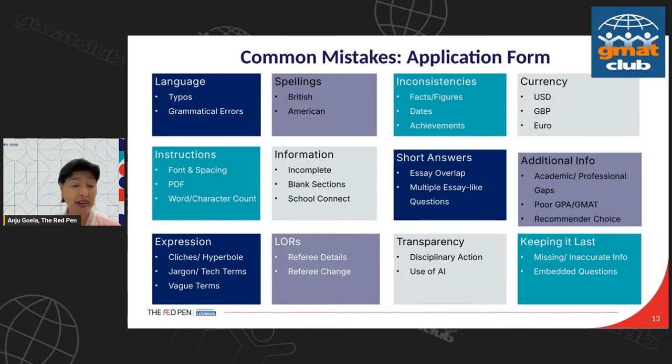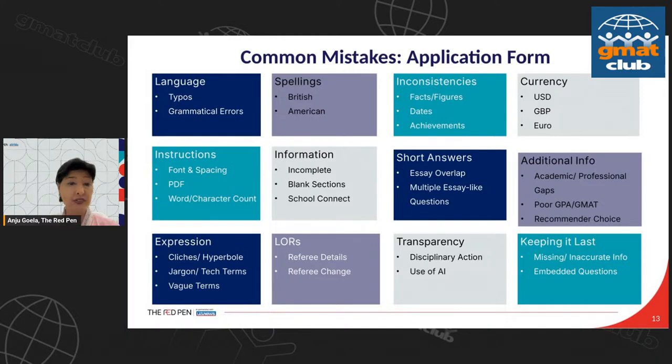In terms of expression, when you're writing your essays, your short answers, please avoid cliches, avoid hyperbole, avoid jargon and tech terms. Remember, adcoms receive applications from across the board, right? They get applications from people from different backgrounds, different industries, different functions.